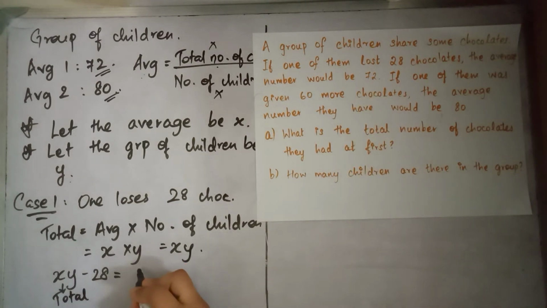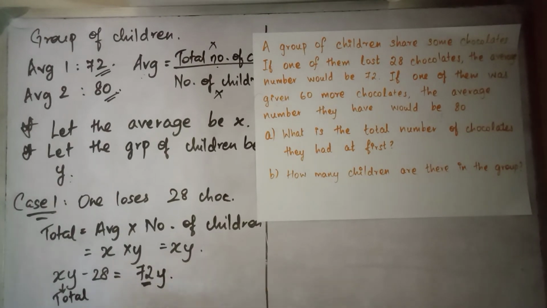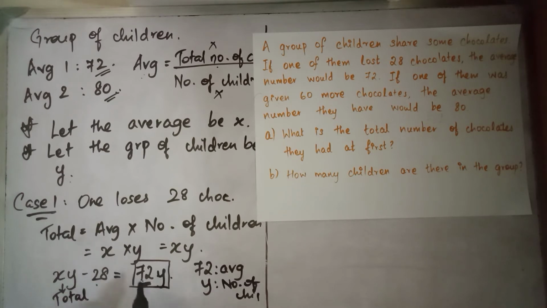This amount will actually be 72y, because this will become the total. This is the initial total, and if one person loses 28 chocolates, it will become 72 into y. Why? Because 72 is the new average, and y is the number of children. Right? So this is one equation. This is the initial total, and then one of them loses 28, and the new total will become average into number of children, and that is 72y.